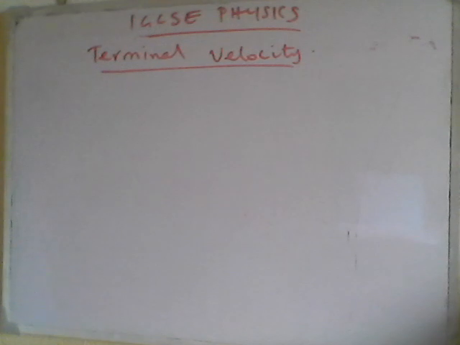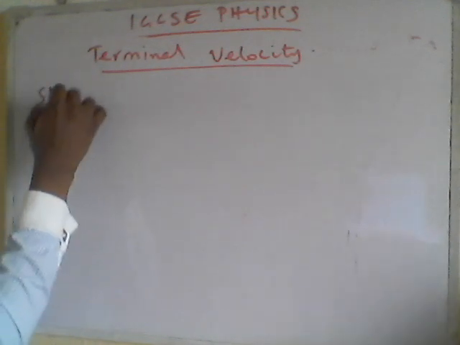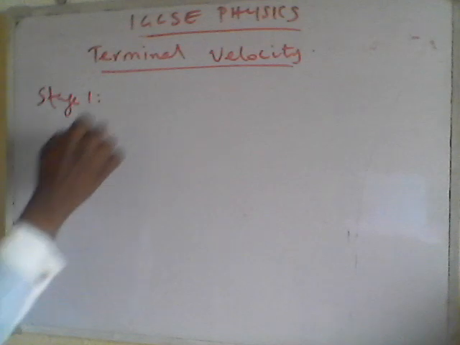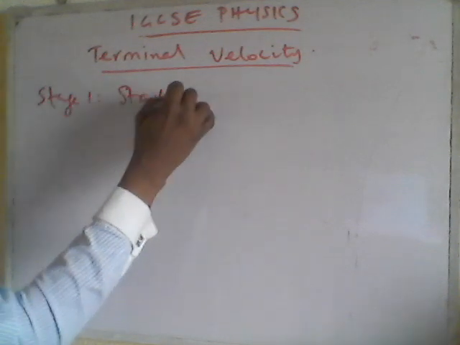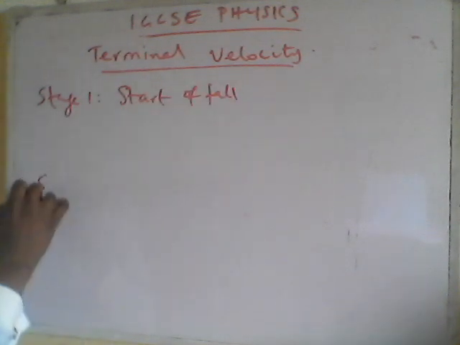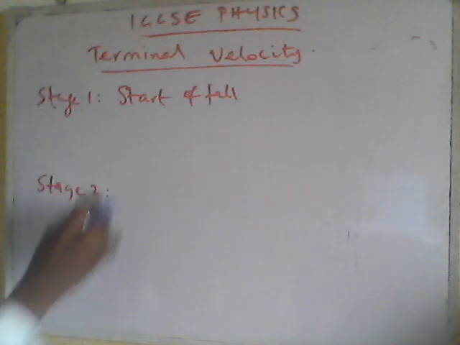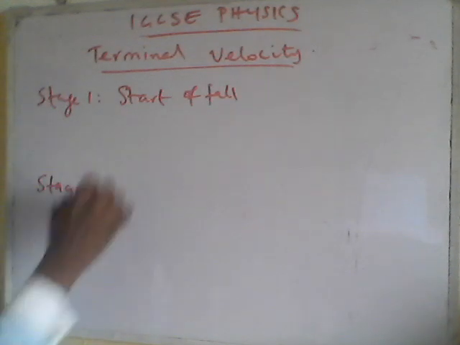Okay, so terminal velocity happens only when an object is moving through fluid. So there's a velocity that is called terminal velocity, and it only happens inside a fluid or air. Understand? So a falling object goes through 3 stages. The first stage, stage one, start of fall. Stage two, speed building up.